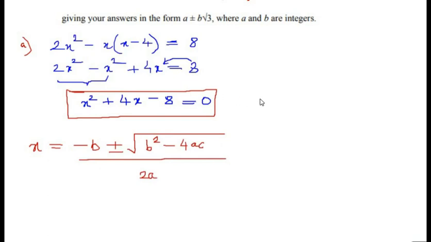So again comparing this with our general form, ax squared plus bx plus c equal to 0 of the quadratic equation, we can see that a is equal to 1, b is equal to 4 and c is equal to negative 8.